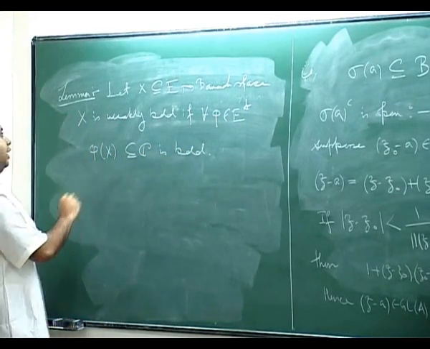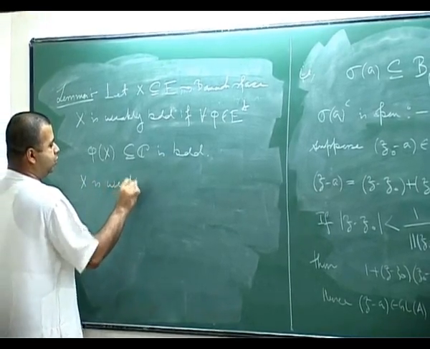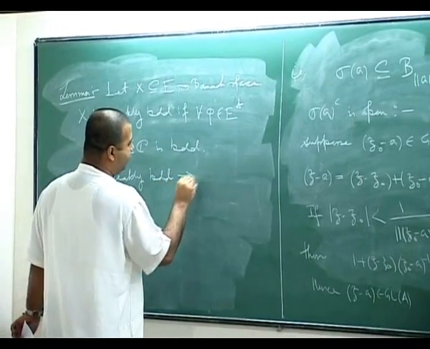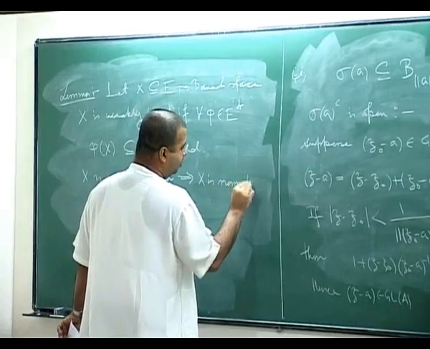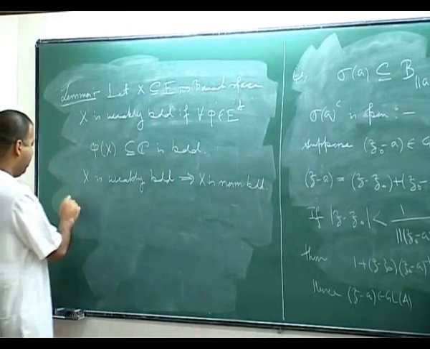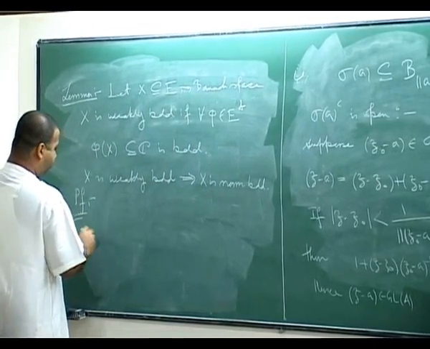And the lemma says that if X is weakly bounded, then X is norm bounded, and maybe I leave its proof.